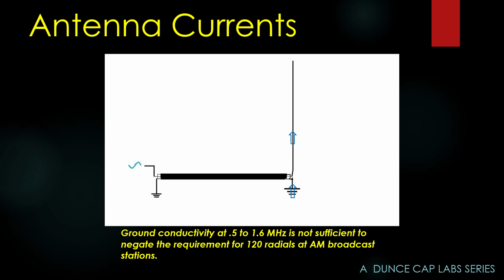Although, like I said, depending on the ground conductivity in the area the station is, it may or may not get a little better ground current going. To the best of my knowledge, and one of my friends is a broadcast engineer, the FCC is still requiring approximately 120 radials to make the antenna work properly. But again, this relates to the ground plane thing, and I'm going to come back to this in the second or maybe third video. I've not decided how I want to write the second video yet.